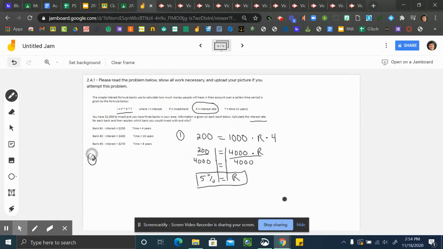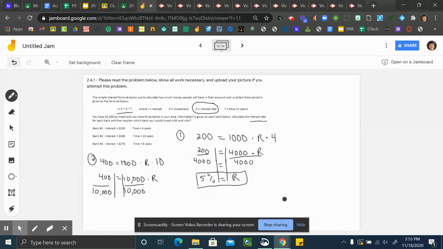The second one, we're going to say, well, the interest is 400, so 400 equals the same amount of investment, so $1,000, 1,000, times the rate times the amount of time, so 10 years. So this one is going to be 400 equals 10,000 times R. We're going to do the same thing, equal sign highway, divide by 10,000, divide by 10,000.